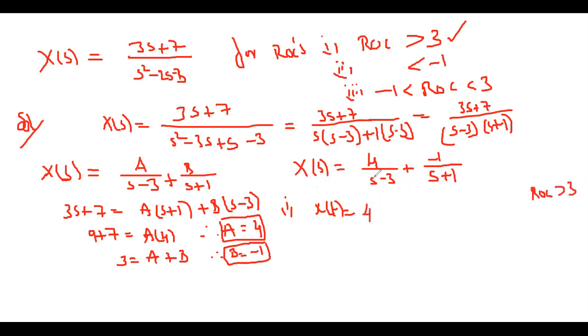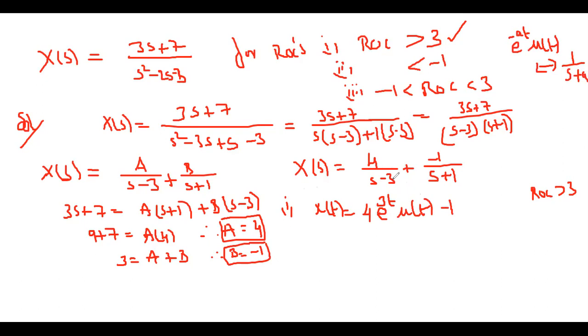4 into s minus a means e power 3t into mu of t. I'm writing mu of t because it is greater than. Minus 1 is a coefficient. E power minus at mu of t, the Laplace transformation is 1 by s plus a.